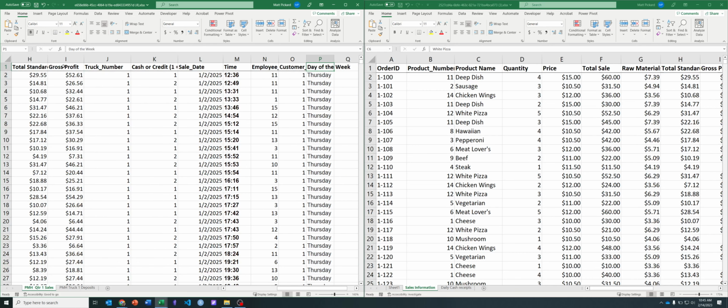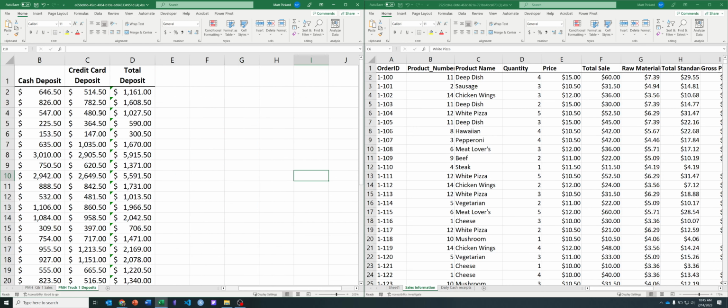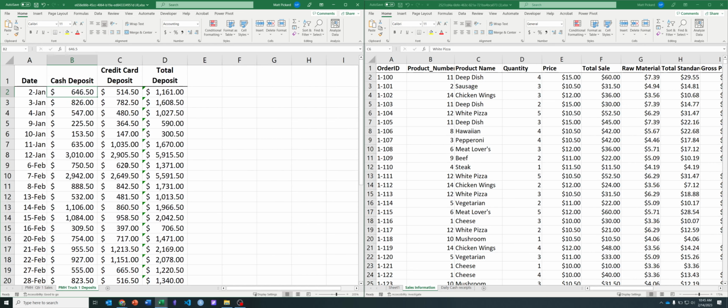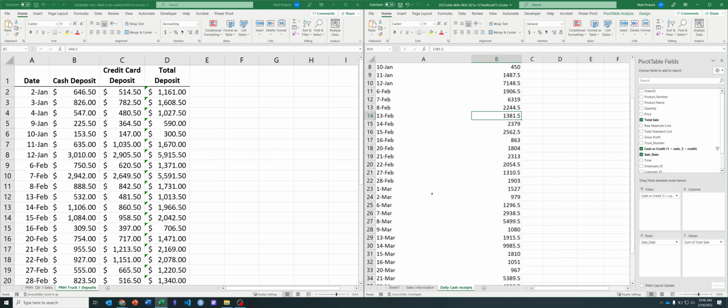There's nothing that would indicate how we're going to roll up our deposits. I think they were intending for us to roll this up from this data, but it's not clear how they're rolling up these deposits. You can see here, it's going to look very similar.